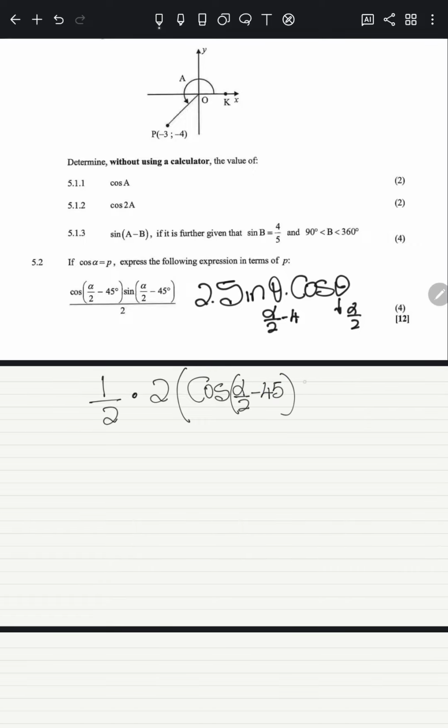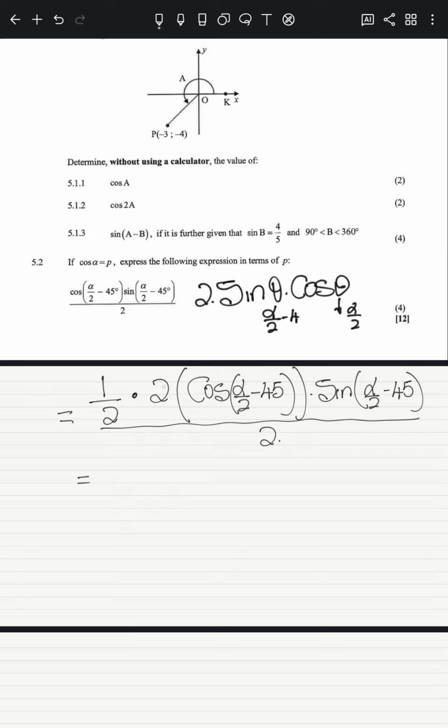We are journeying somewhere. Therefore now we still have what? We still have sine, then open bracket, alpha over 2 minus 45. Then we divide it by 2. So remember, this 1 over 2 multiplied by 2 is still 1, so I haven't really done anything there.